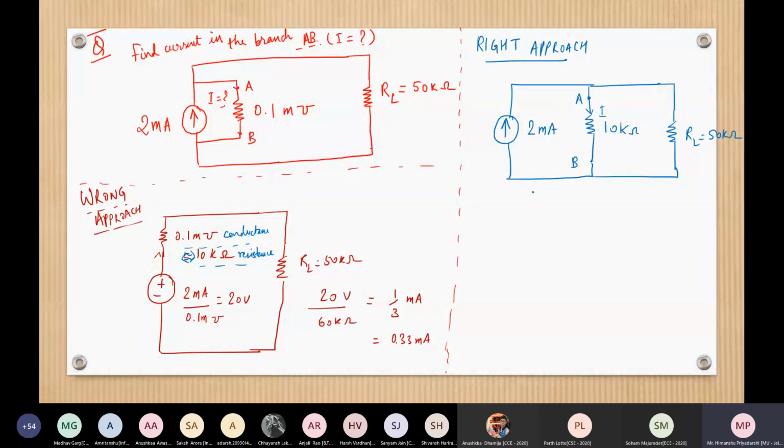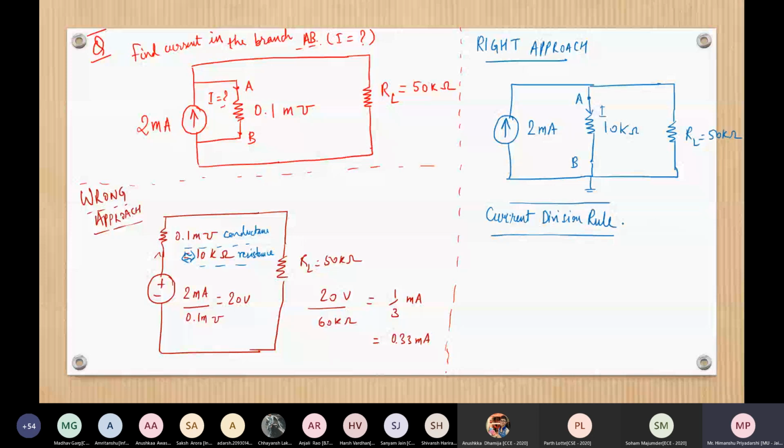Now, what will be the current through this? Tell me. There are different ways of doing it. I will give you a very quick answer. Later, of course, we will explain also. Very simple problem. You must have heard of the current division rule. Even if you have not heard of it, please do not worry, I will be telling you this.